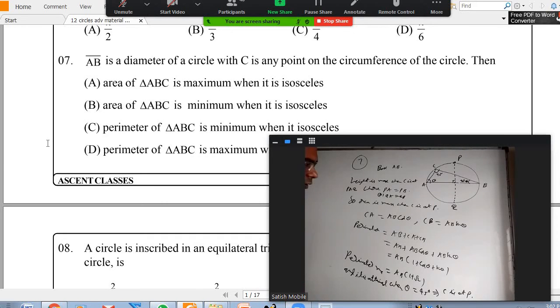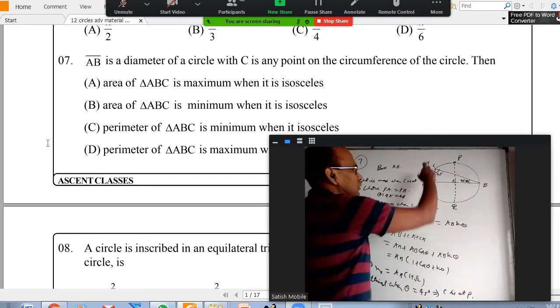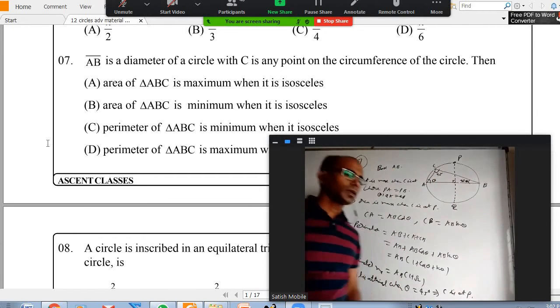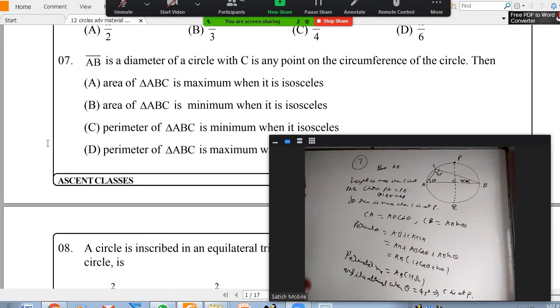That is one way. You can also use the AM-GM inequality, or something like the Cauchy-Schwarz inequality. We know CA square plus CB square is constant. I want to find when CA plus CB is maximum. I know CA minus CB whole square is greater than or equal to 0.